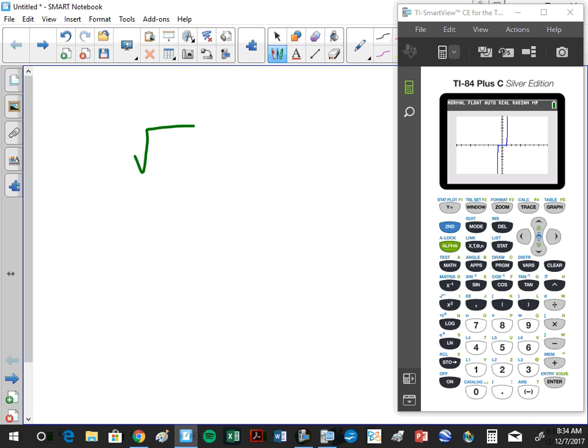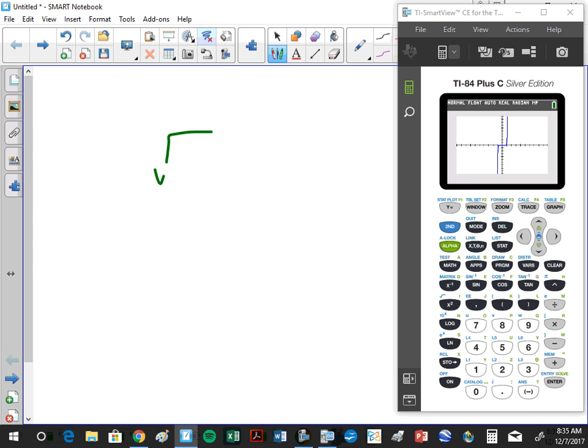If I had the square root of -121, that would be the square root of 121 times the square root of -1, and I get 11I. Does that make sense?